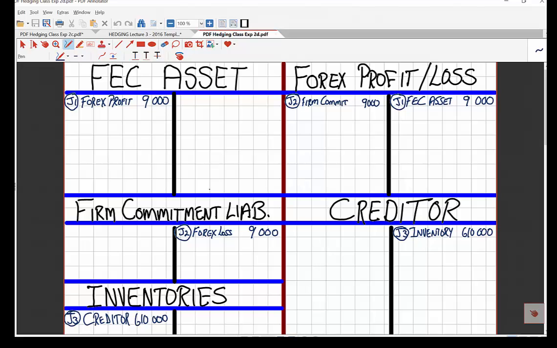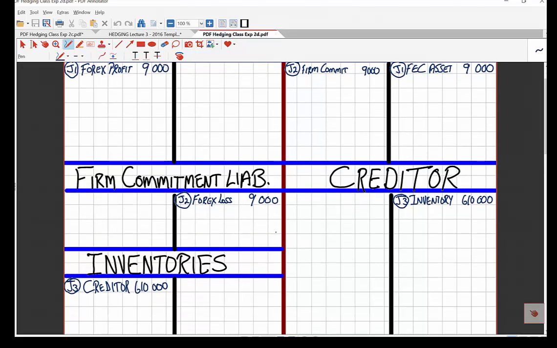But there's now one other entry which is very important, because on transaction date your firm commitment has now stopped and the transaction has been done. So you had your transaction, your inventories is in your books, you've created the creditor. Now that firm commitment liability must be cleared out against the underlying asset that you've purchased, in this case your inventories.